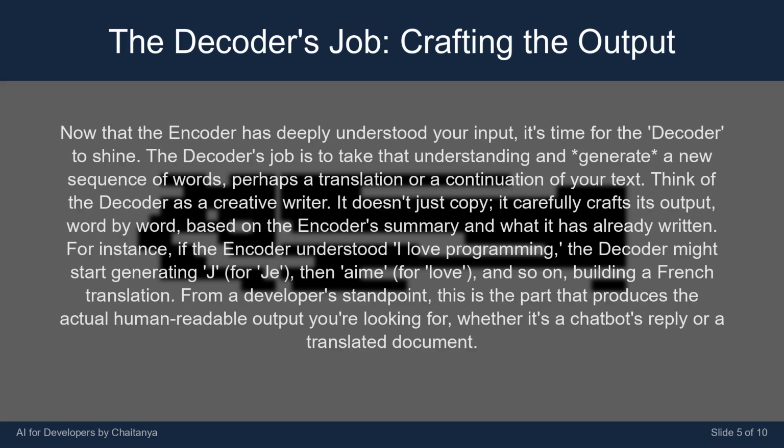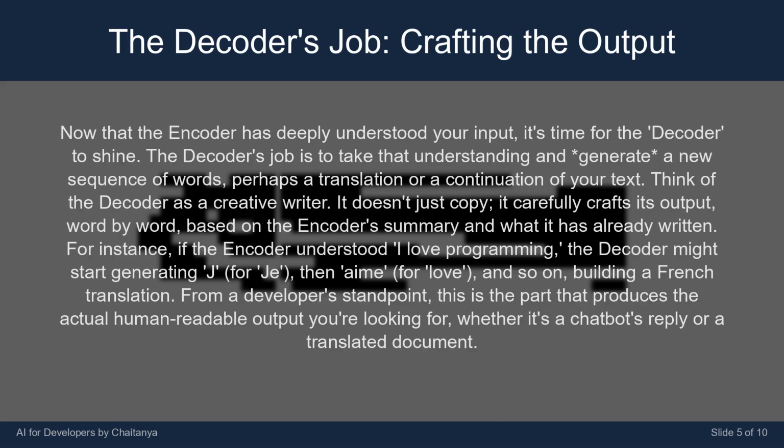For instance, if the encoder understood "I love programming," the decoder might start generating "J'" for "je," then "aime" for "love," and so on, building a French translation. From a developer's standpoint, this is the part that produces the actual human-readable output you're looking for.